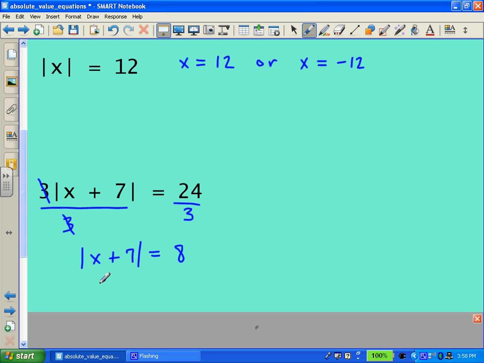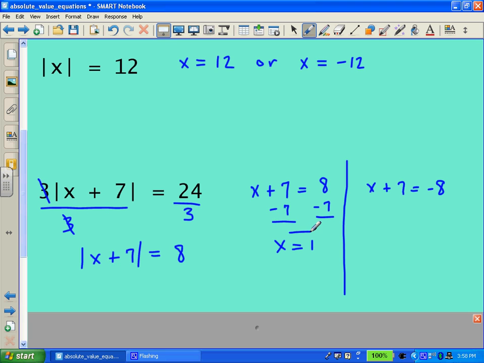It's very tempting here to want to do -7 to both sides, but I can't do that yet. So what I've got to do is, again, think about two cases. This absolute value of x plus 7 could equal 8. It could also equal -8. So let's solve each of these equations now for x. I've got to subtract 7 from both sides.